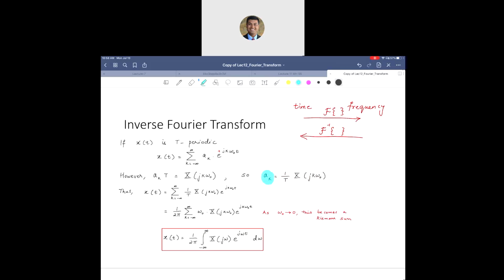And if I substitute this a_k over here, I can write x of t as a summation k equals negative infinity to infinity, followed by a_k, which now is 1 over T times x of jk omega naught. e to the plus jk omega naught t remains as is. 1 over T can be written as omega naught divided by 2 pi.